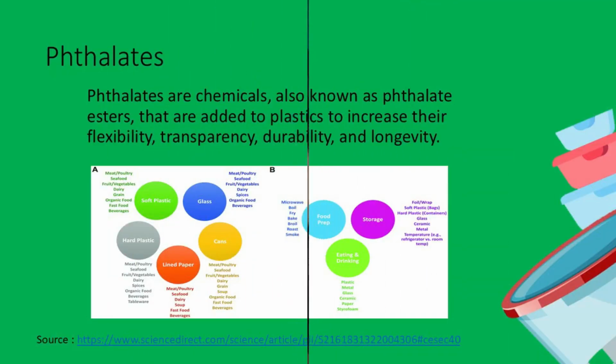Well, we will talk about another kind of plasticizer, or chemicals that make plastic, called phthalates. This kind of chemical was one of my studies when I was doing my master's degree in Taiwan.